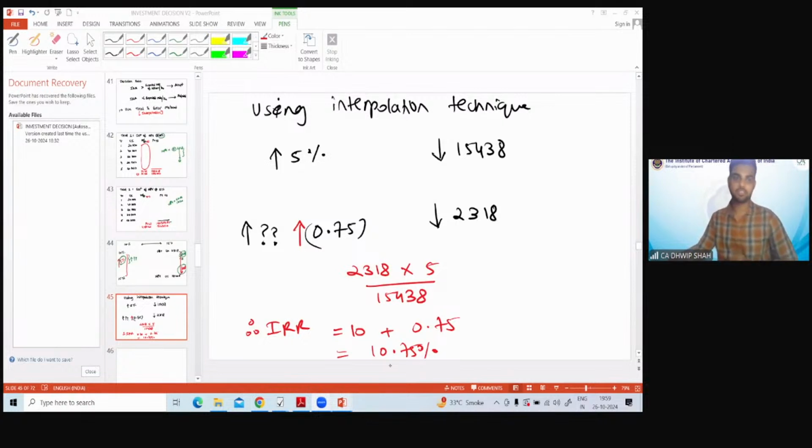The logic is interpolation. From this interpolation technique, we can devise a formula.